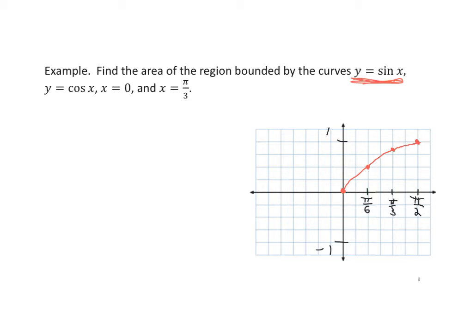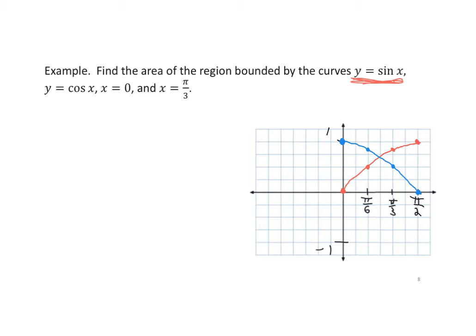Now for my graph of cosine, if we start from 0, the y value is 1, and then the next y value would be root 3 over 2, and then at pi over 3, cosine of pi over 3 is 1/2. And then cosine of pi over 2 is 0, which means we get something like this.